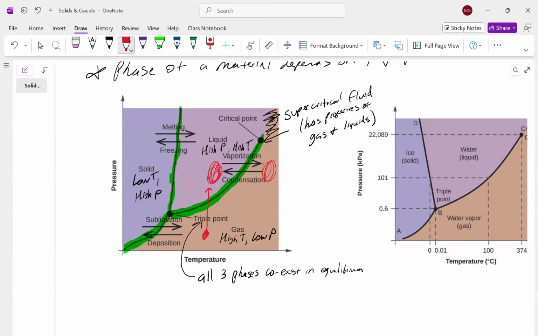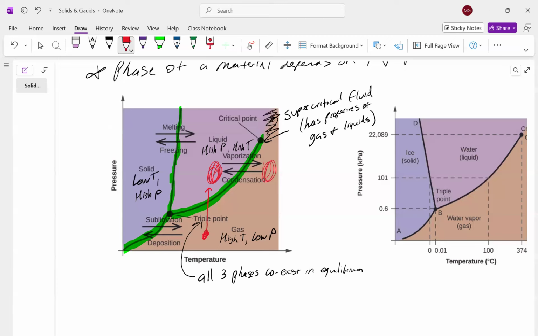That's also going to cause condensation. So what you should basically be able to do is describe these transitions. Like if we're crossing the boundary of a line, what does that describe? Or if I give you a set of temperature and pressure conditions, you should be able to read the graph and tell me what phase of matter that substance will be in.